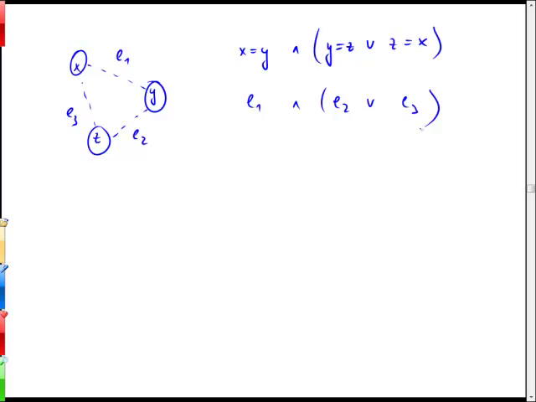So when I search for solutions, perhaps I find a solution where E1 is true and E2 is true and E3 is false. Now if I transform back to equality logic, what does it mean? It would mean that x equals y and y equals z and z does not equal x, which is of course not a solution.